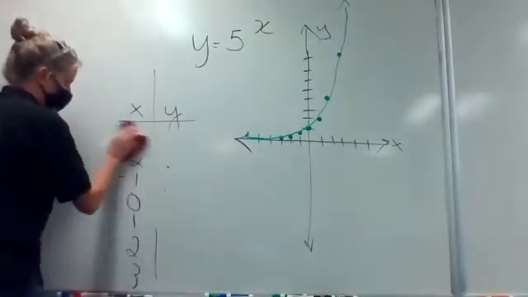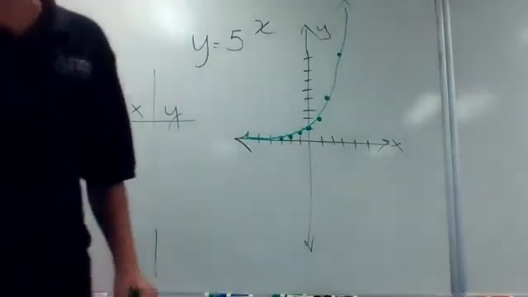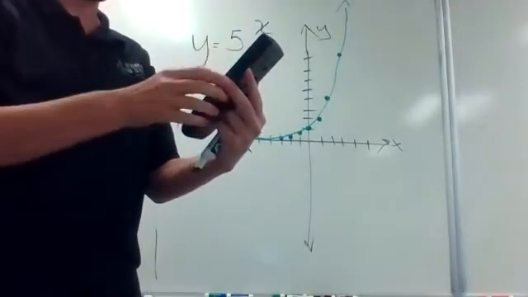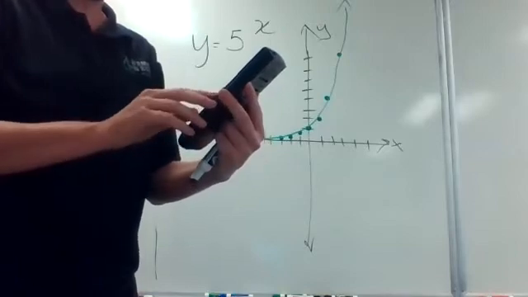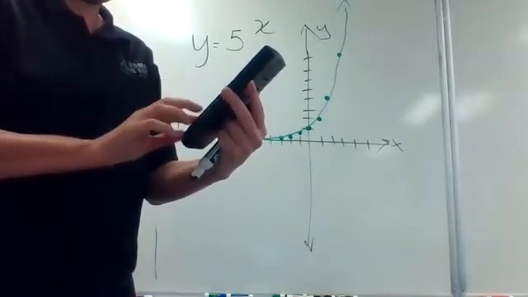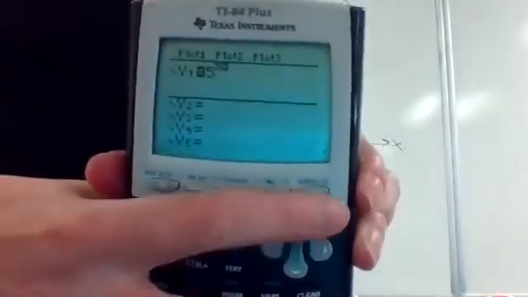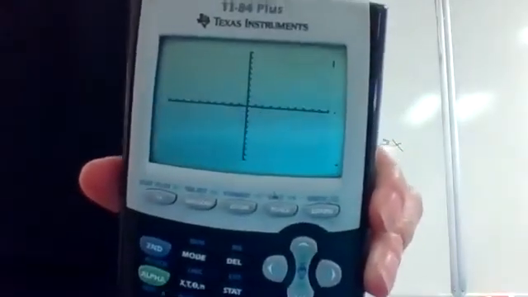So I'm going to put 5 to the x power in my y equals and see what that looks like. Again, it's going to have the same shape. It's still an exponential graph. So if I do 5 to the x and then graph it, again, it's still taking on that same shape.